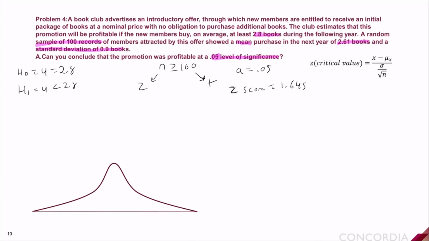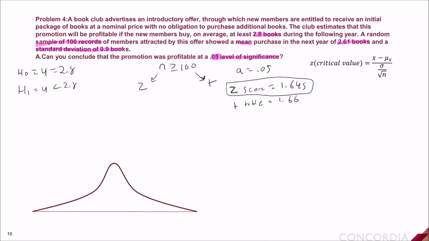And in case anyone used the t-table, you'd end up getting a value of 1.66. These values are so close together, and that is why at n greater than or equal to 100, you would definitely use z. And this little difference would make no difference. So from this point on, I will use z.